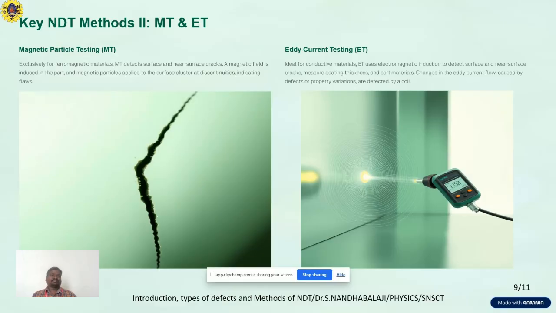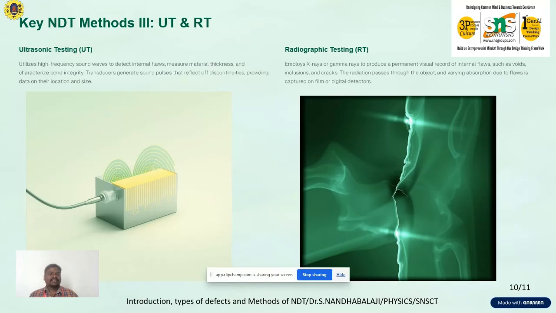And key NDT methods three: ultrasonic testing and radiographic testing. Ultrasonic testing utilizes high-frequency sound waves to detect internal flaws, measure material thickness, and characterize bond integrity. Transducers generate sound pulses that reflect off discontinuities, providing data on their location and size.